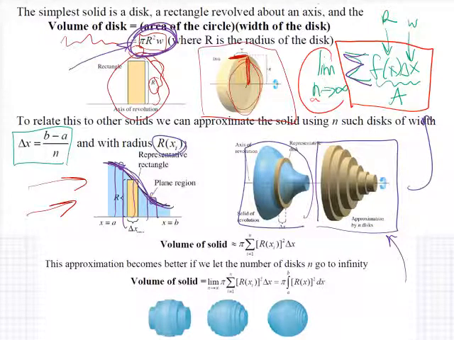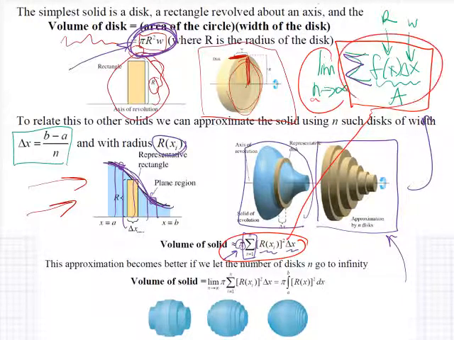So if we take pi times r of x squared times the width, delta x being the width, that should give us the volume of one disk. Okay, one disk. But then we have to add all those disks up. Now the reason why pi is on the outside of the summation is pi is a constant multiple, so pi can come out.